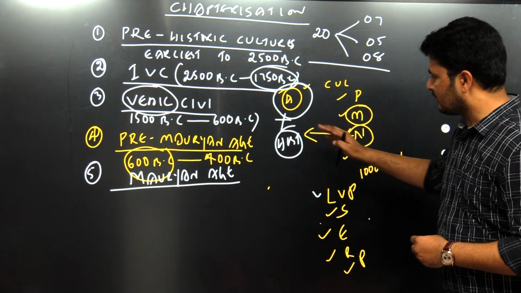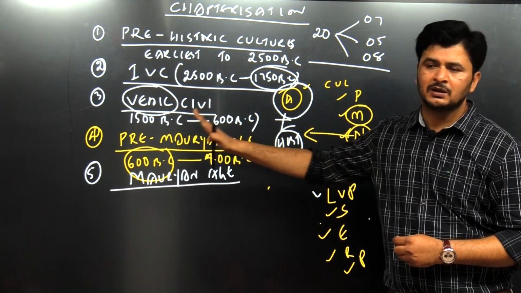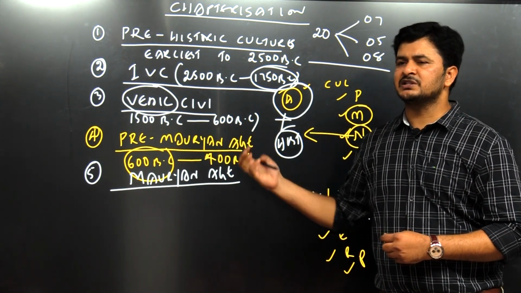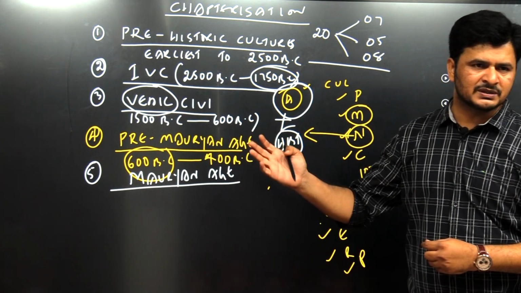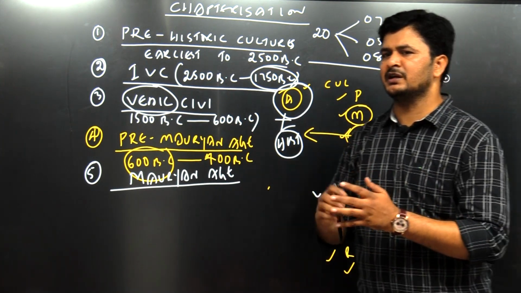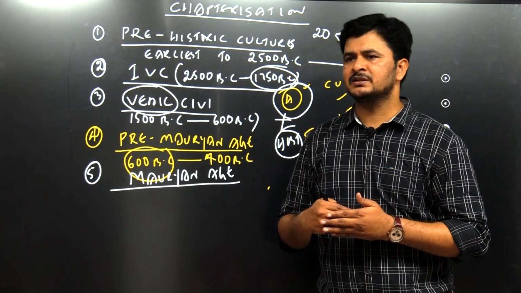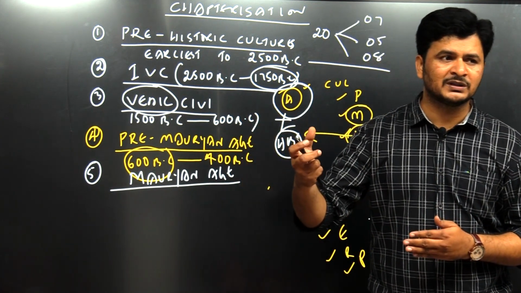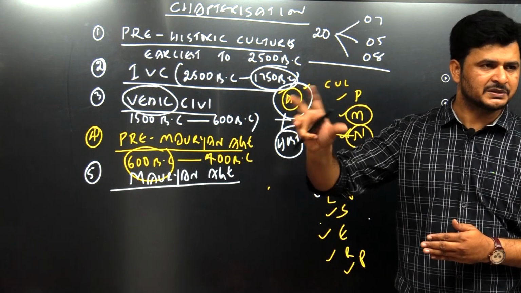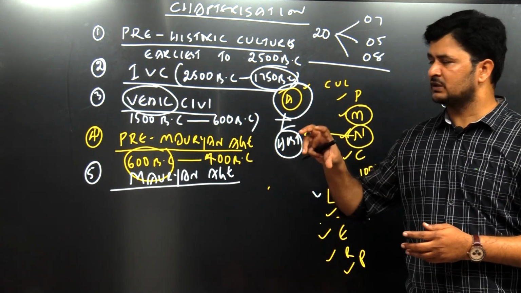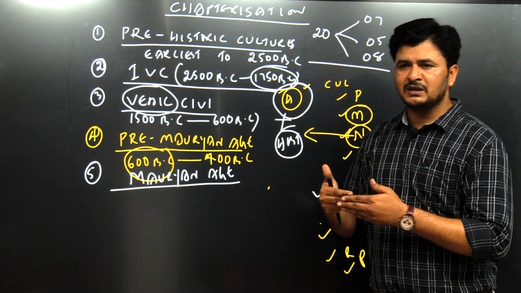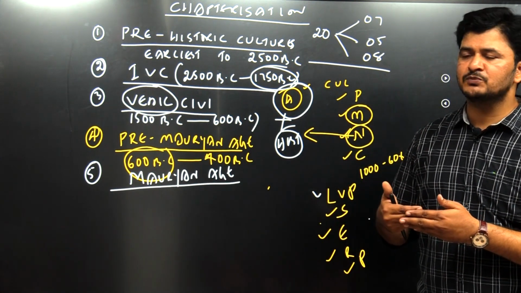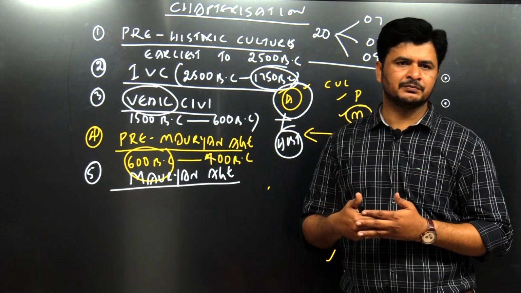Then historical sources also help us in understanding the Vedas. According to Max Muller, a German Indologist, whom we'll discuss, the Rigveda was composed between 1500 BC and 1000 BC. That was the opinion of Max Muller, the German Indologist.